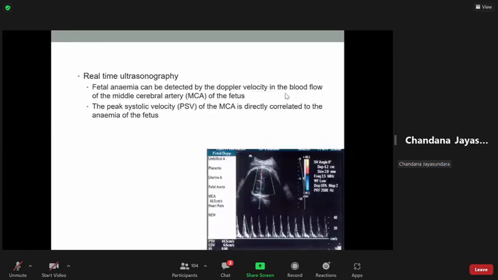The other one that we can do is the middle cerebral artery Doppler. Now, middle cerebral artery Doppler is also a method by which you can check fetal anemia. It is not a direct method, but it is a non-invasive method. Why I'm saying it's non-invasive is that we are not going to prick the baby or prick the mother. What we are going to do is an ultrasound scan and check the blood flow in the middle cerebral artery of the baby.